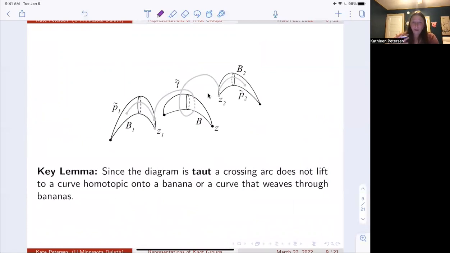So that forces our lifts of these crossing arcs to basically be homotopic to a geodesic. So for example, my original non-taut picture was the simplest to see.